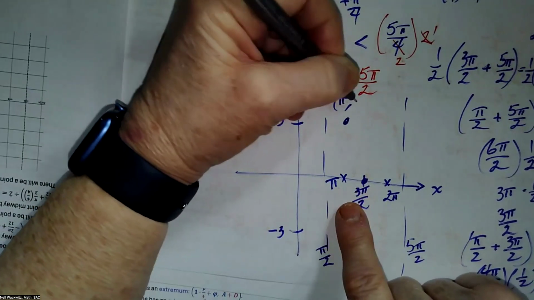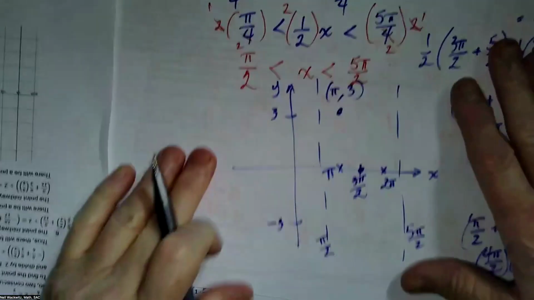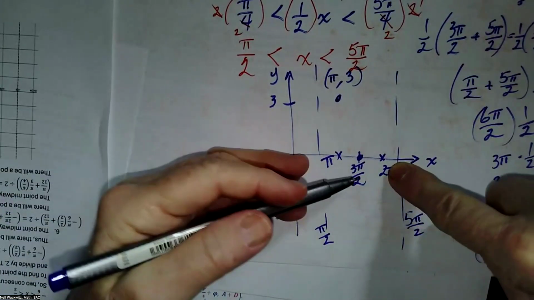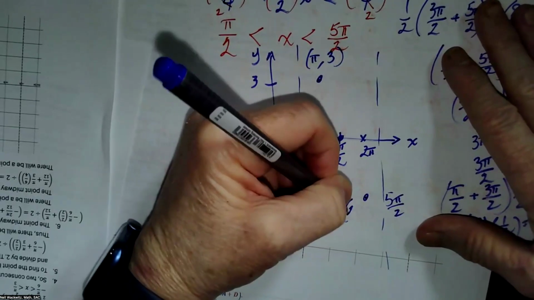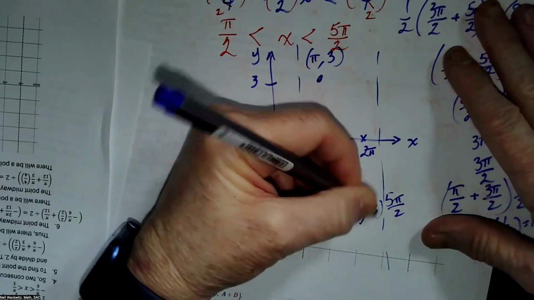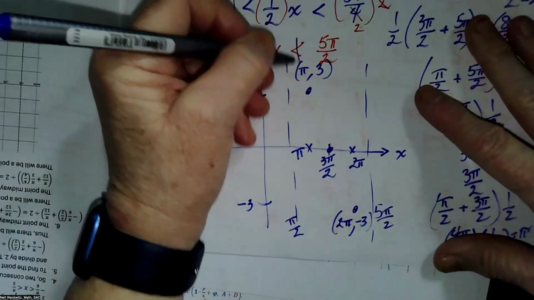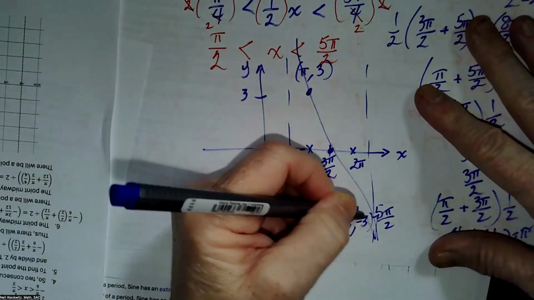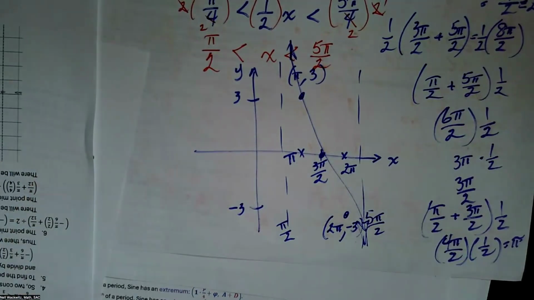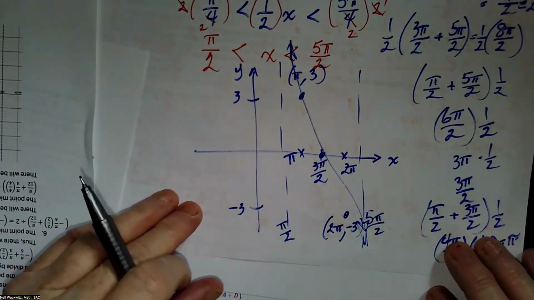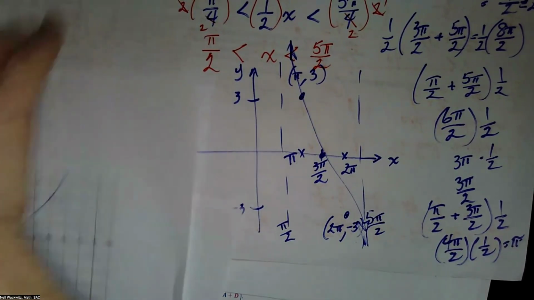This is the point pi comma 3. And in quadrant 2, that's where we've got the negative. So 2 pi comma -3. And then I get the backward looking graph that we know and love as the cotangent.